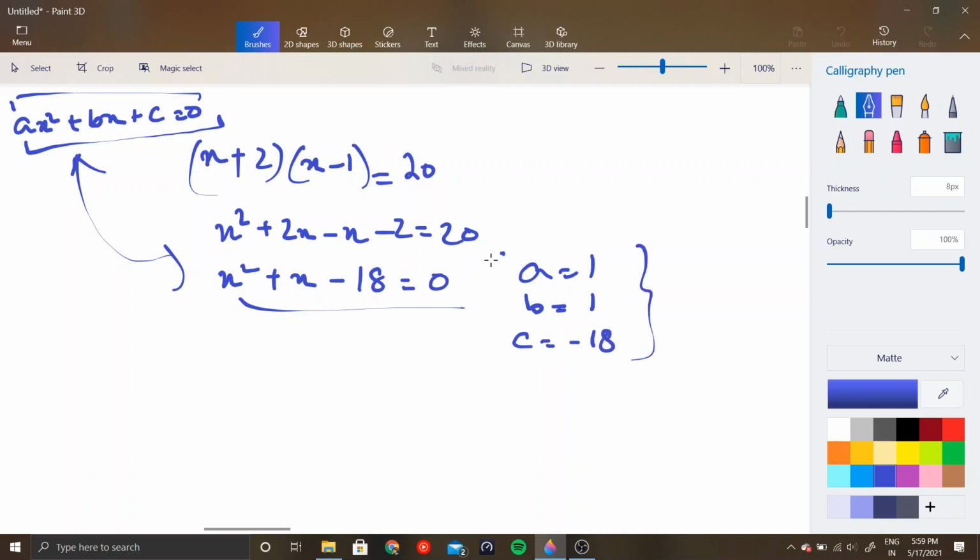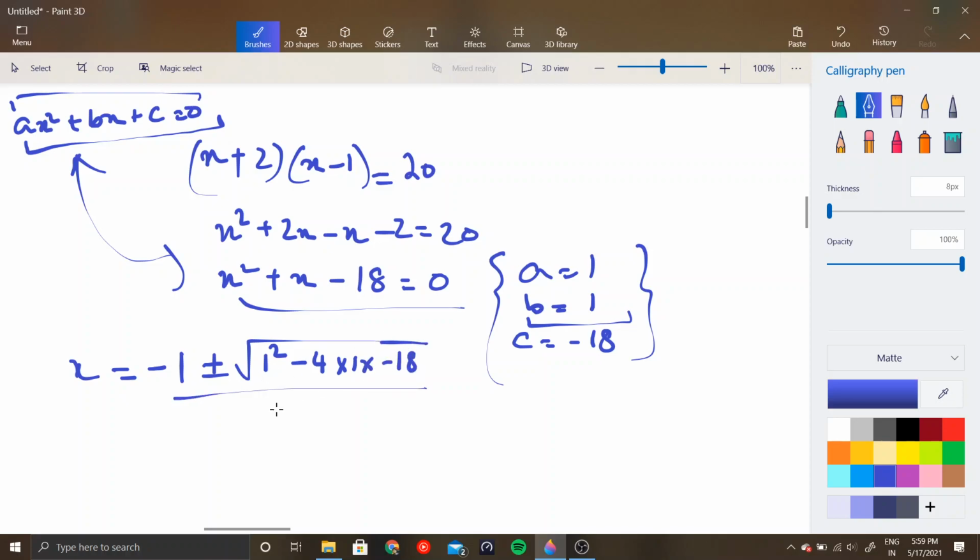Correct? Okay. So what is x basically? Applying Sridhar Acharya, that is x equals minus b plus minus root over b squared minus 4 into a into c, by 2 times a. Right?